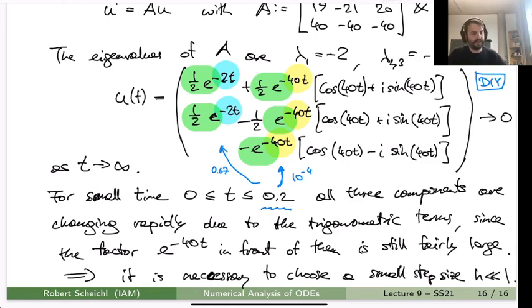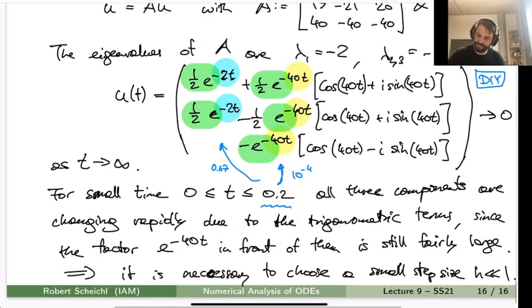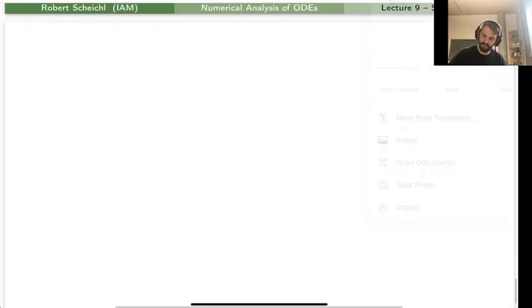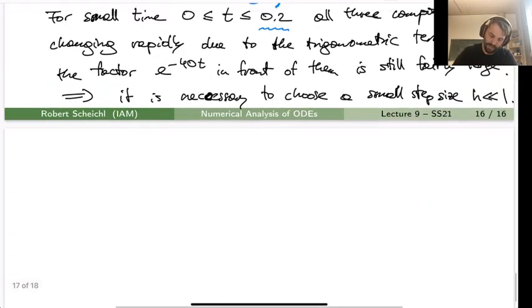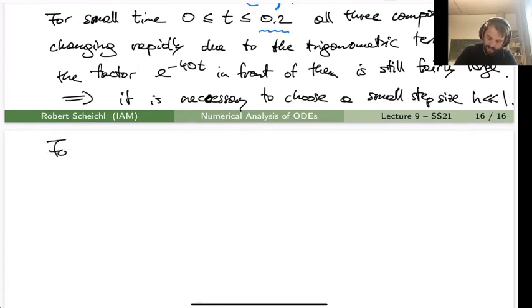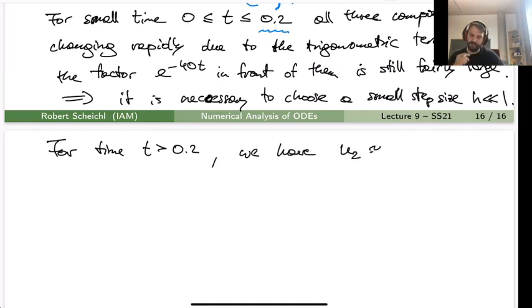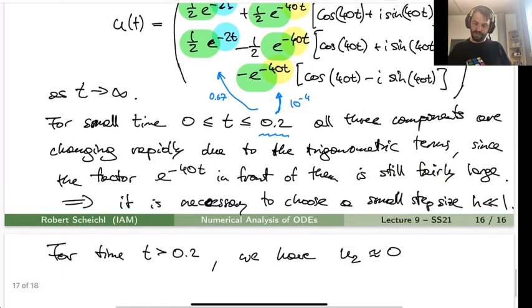For bigger times, bigger than 0.2, I've already said u2 will be almost 0. It will be of the order of 10 to the minus 4, because essentially here this is of the order of 10 to the minus 4 and this is of the order of 1.